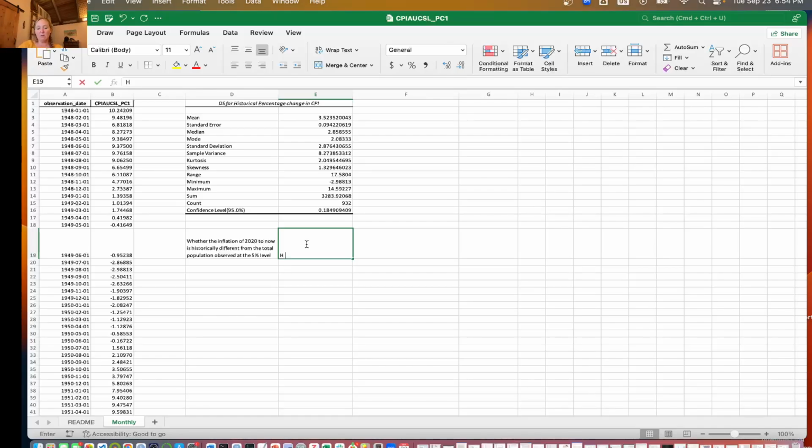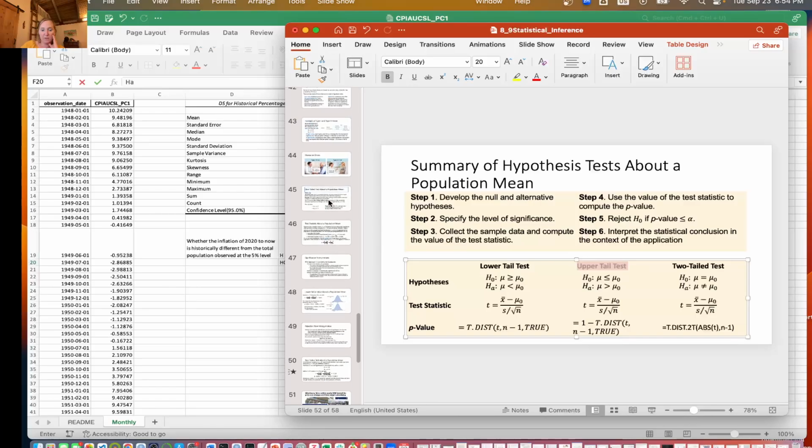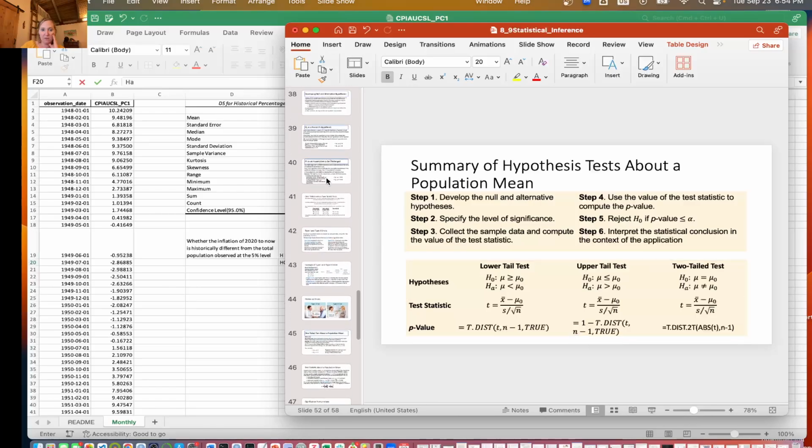And you do that when you write the H null or the H alternative. And all that means in your slides is going to be H0 or HA, right?